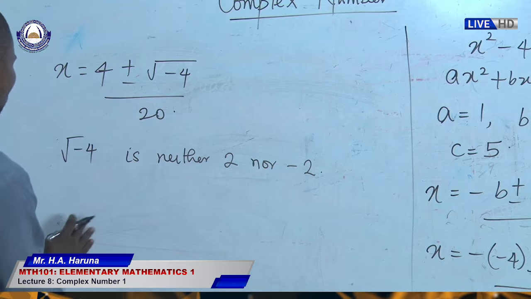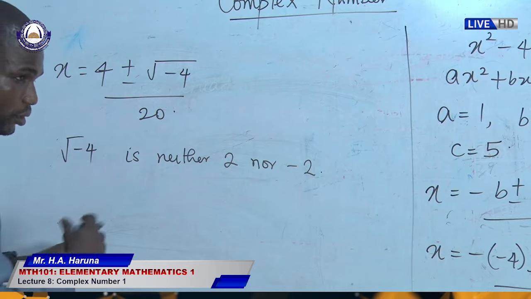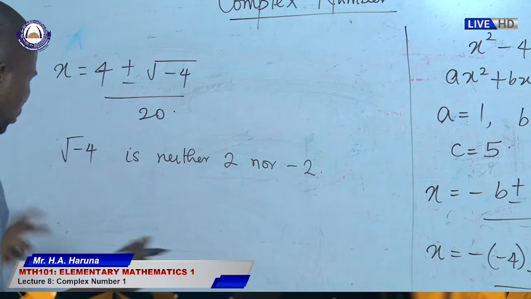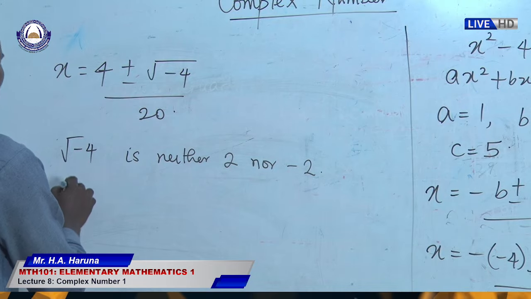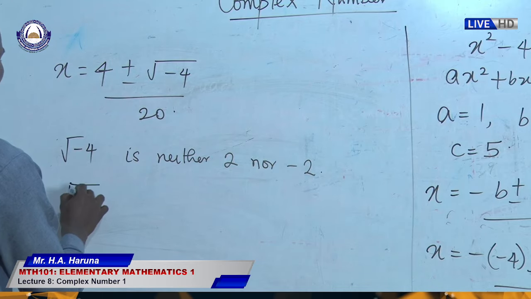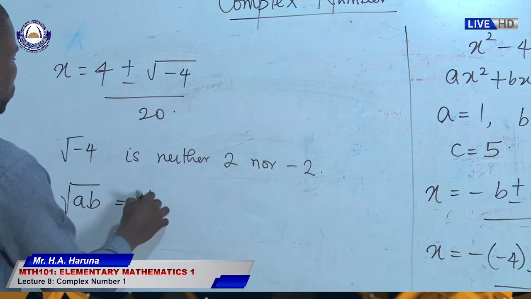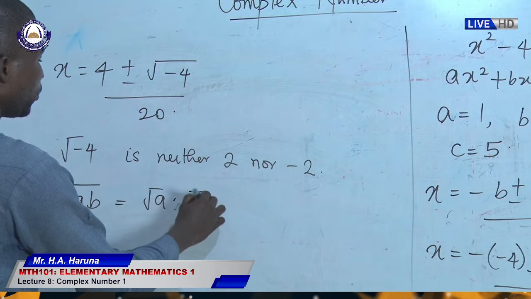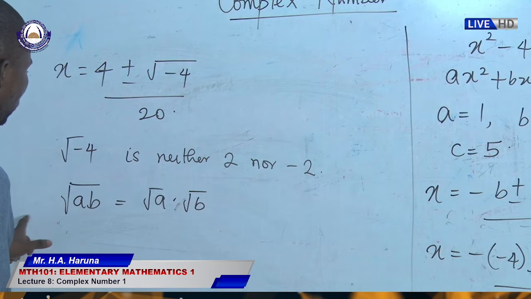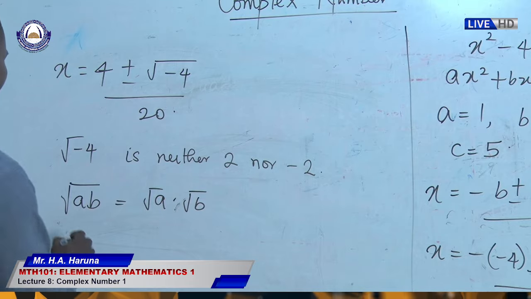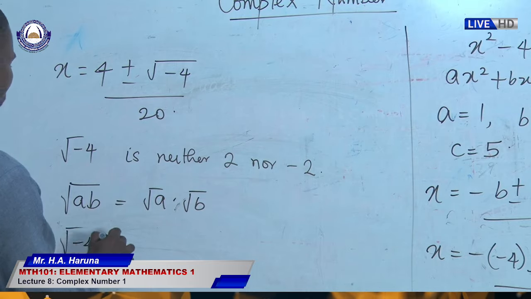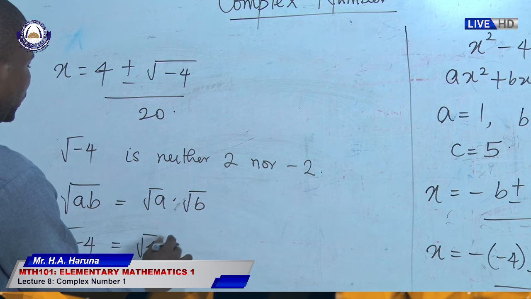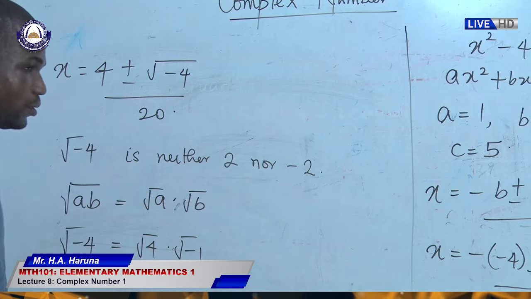So therefore, we will now bring the idea of surd into the problem. From our understanding of surd theory, we know that the square root of AB is equal to the square root of A multiplied by the square root of B. This is allowed because of surd theory. Hence, the square root of minus 4 is equal to the square root of 4 multiplied by the square root of minus 1.